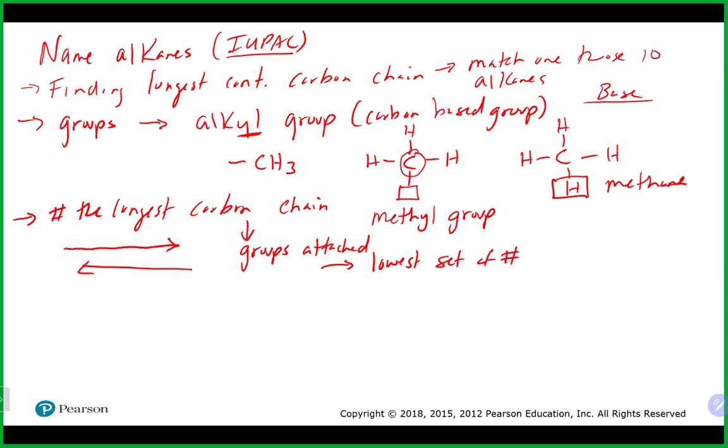So for example, if you went left to right and you had groups at carbon 2 and 4, versus right to left where you have groups at like 3 and 6, then you would want to go the way with 2 and 4. It's as simple as 2 is less than 3.